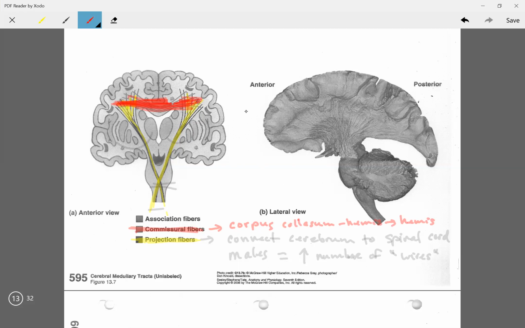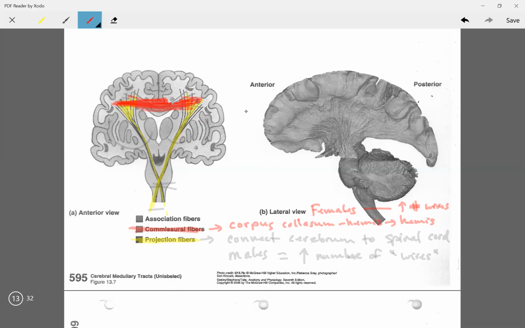Hemisphere to hemisphere communication. And these are, in females, okay, they have a higher number of these wires. Okay, so men have more wire connections from spinal cord to brain, and women have more wires connection from hemisphere to hemisphere.